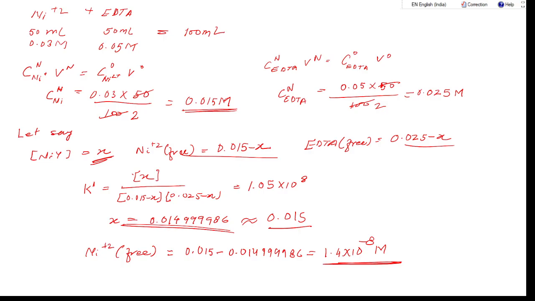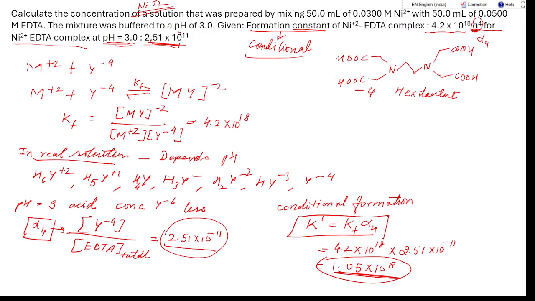So let me repeat again. Whenever you find EDTA and any metal ion, first think that this question is related to complexometric titration. Then if there is any condition, most basically they will give the condition of pH, because what kind of anion is going to be formed depends on the pH.